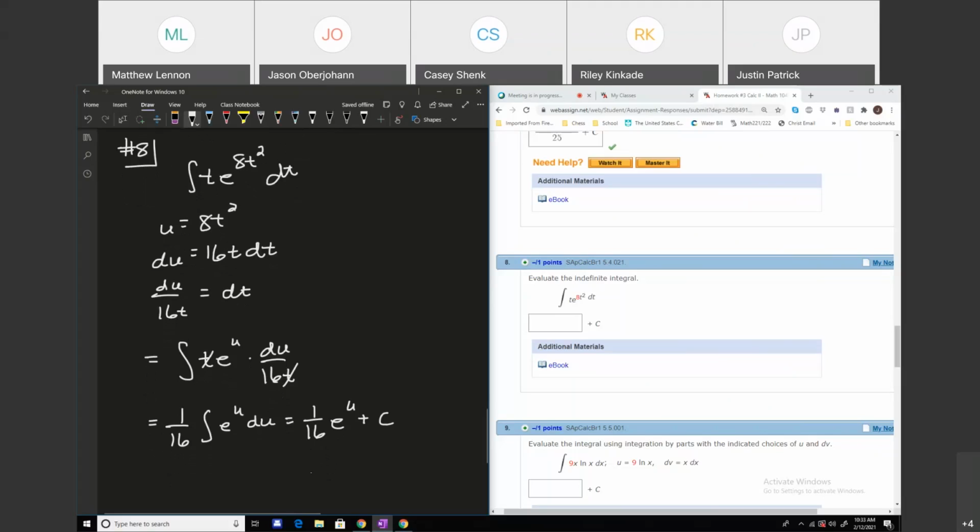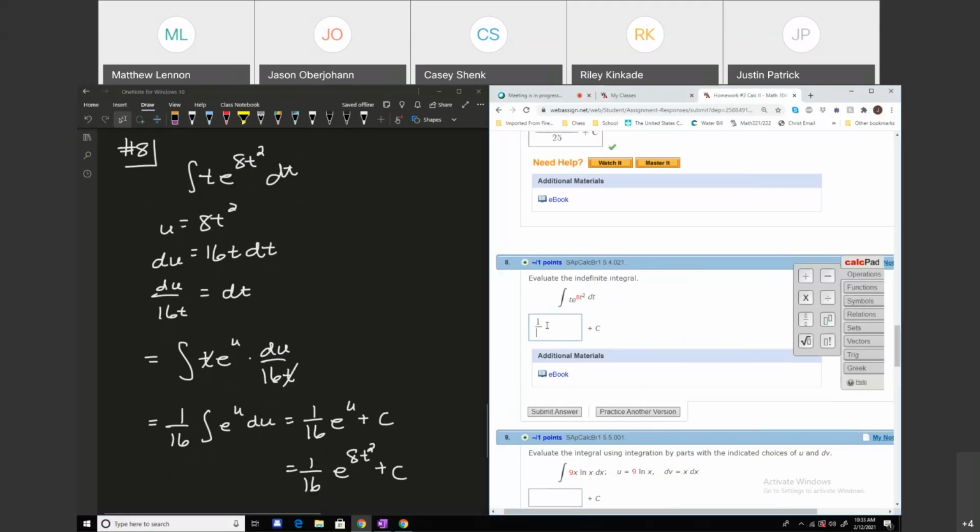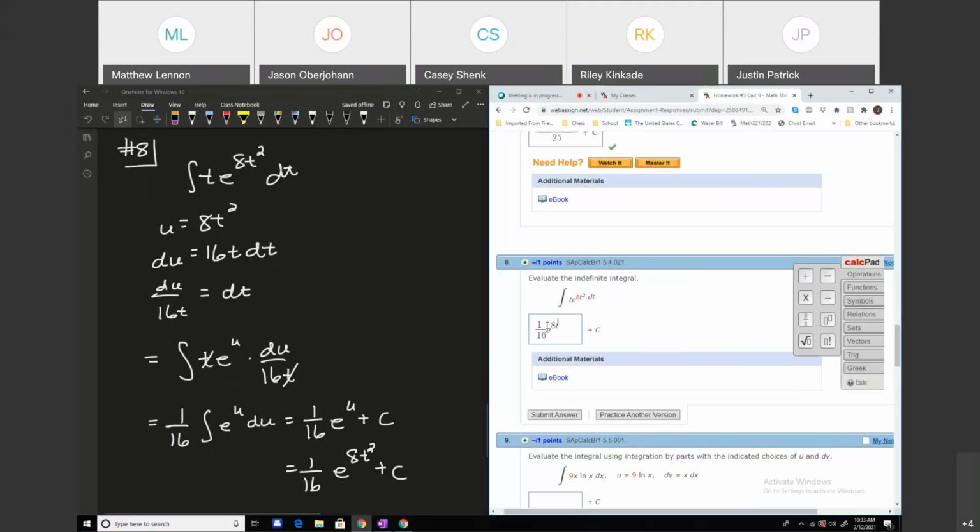Antiderivative of e to the u is e to the u. And then we've got 1/16 e to the 8t squared plus a constant. And again, the constant's there for us, so we don't have to type it for this problem.